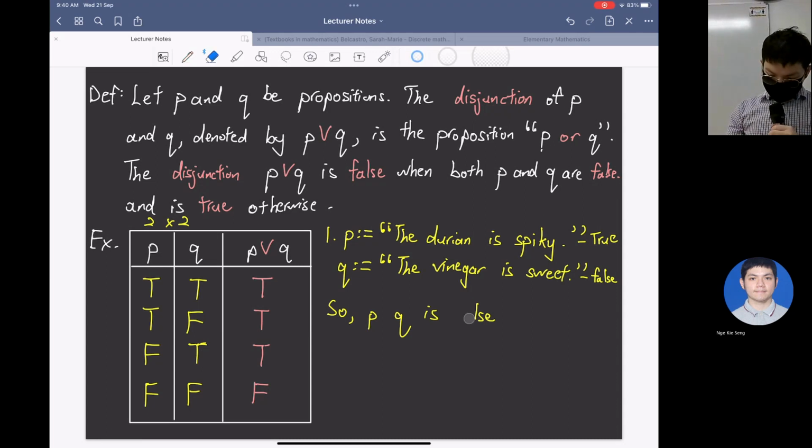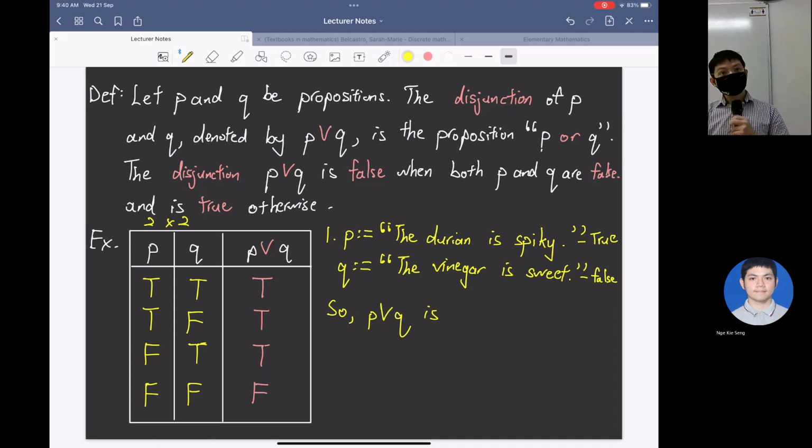Okay, the same running example. P or Q is true or false? True, because we know that the durian is... Okay, there's another example.